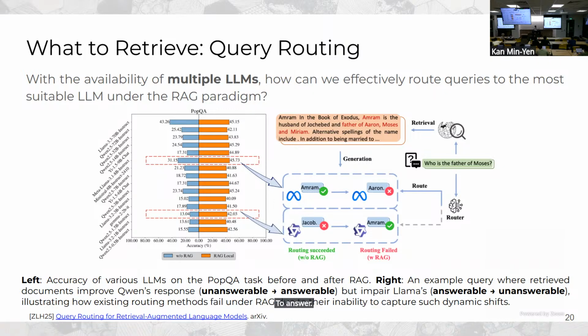So the selection of LLM also matters. Here, this query routing refers to this case: given multiple LLMs, how to select the most reasonable one to solve the problem.